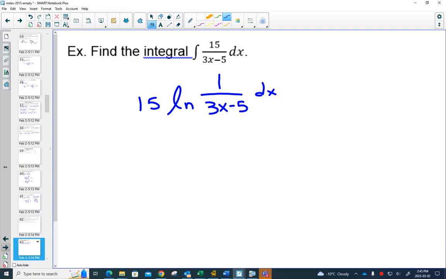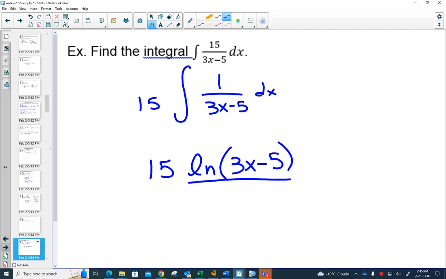Oops, brain was thinking ahead. Just simple, I brought the 15 out front, the integral sign would be there. Now, this integral would be the natural log of 3x minus 5, and because of that chain rule, we would have to divide by 3.